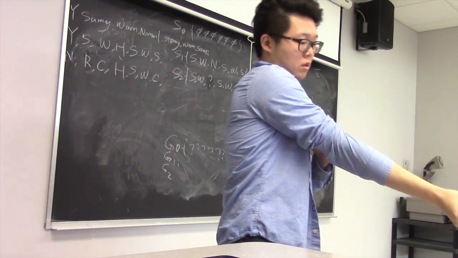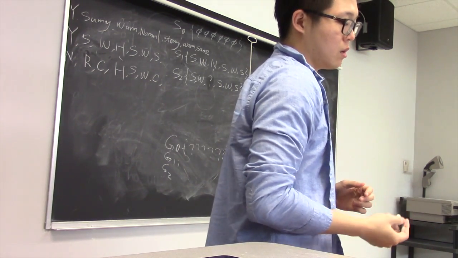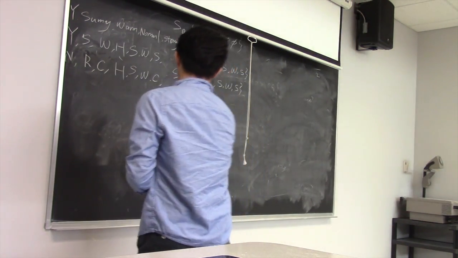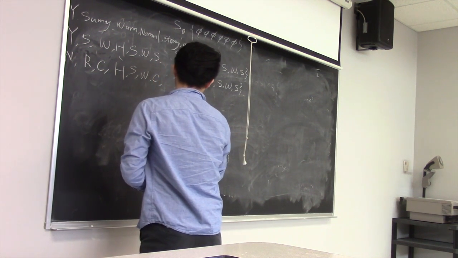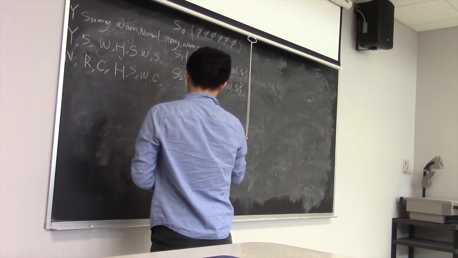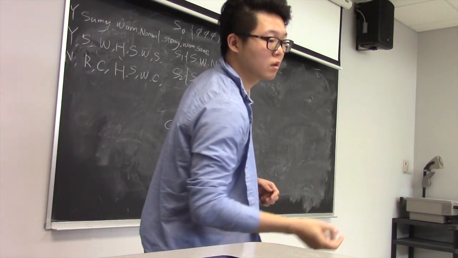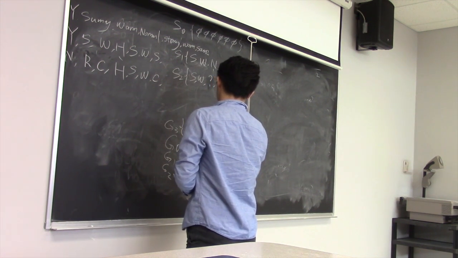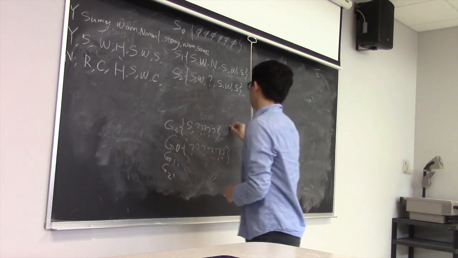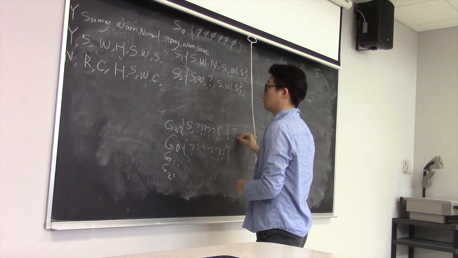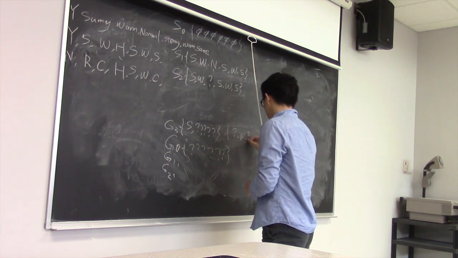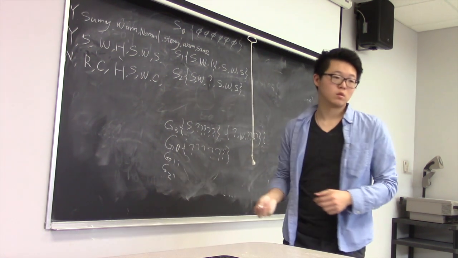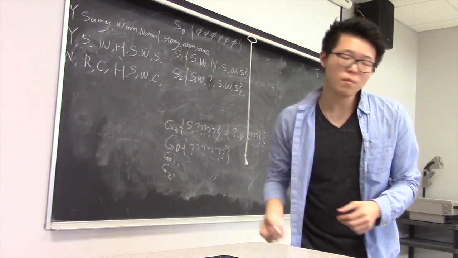When a negative sample comes in, we have to update the G. So now G2 is different, and G3 is different. G3 will be sunny, warm, and so on.